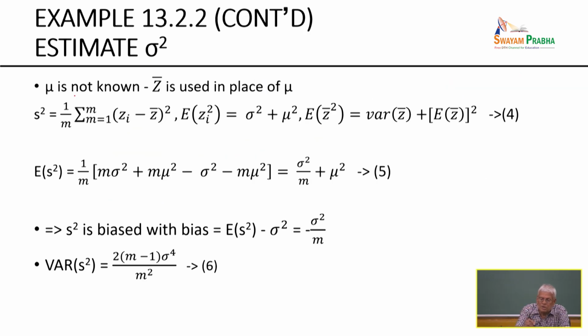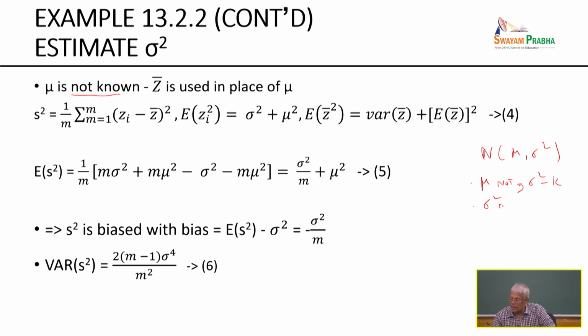Now I am going to talk about the case where both are not known. Look at this now. There are 3 cases for the normal distribution with mu and sigma square. The first case is mu not known, sigma square known.